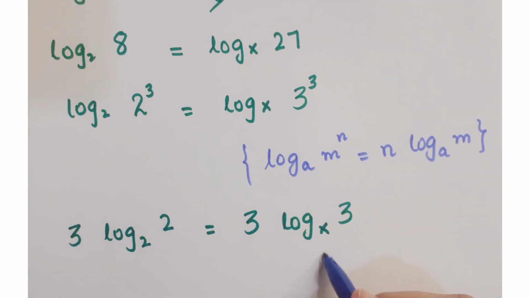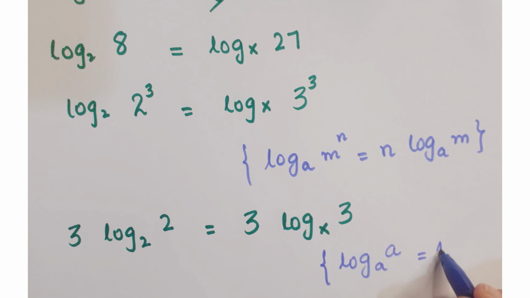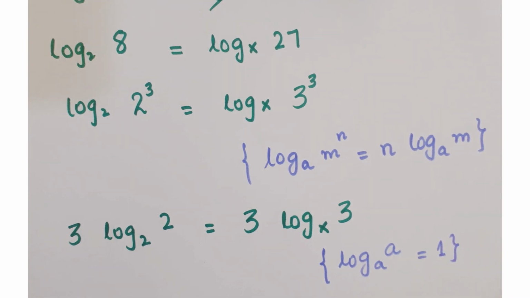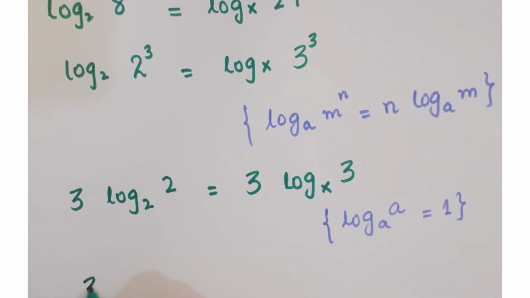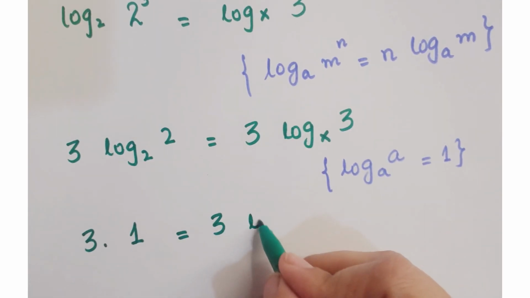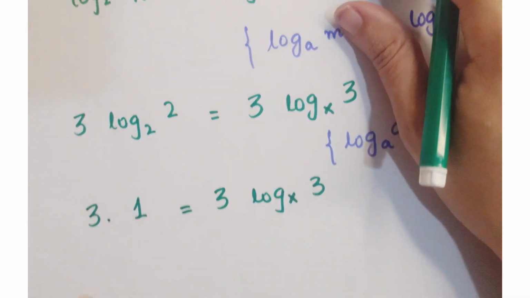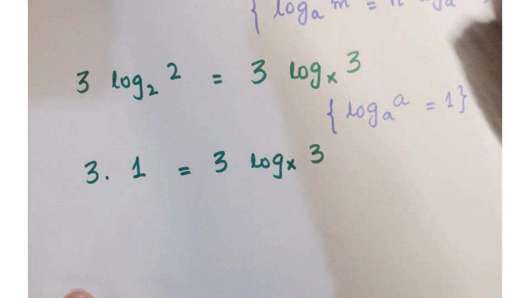Now as you know that log of a to the base a is equal to 1. So we are going to replace this by 1, is equal to 3 times log of 3 to the base x.